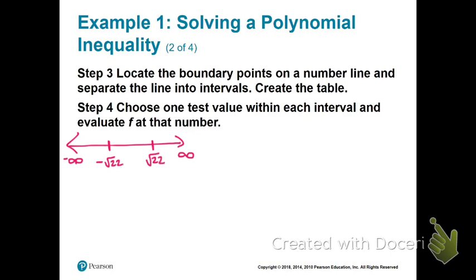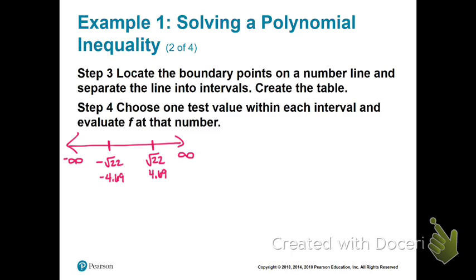Since we're going to put this into our table, and we're going to have to pick x values in between these intervals, what is the square root of 22 equal to? The square root of 22 is approximately 4.69, so negative 4.69 and positive 4.69, right? We're going to need those numbers to help us.